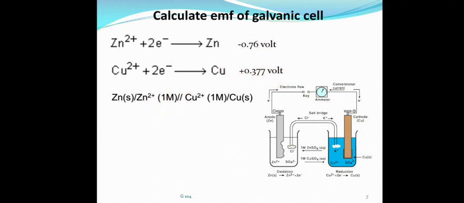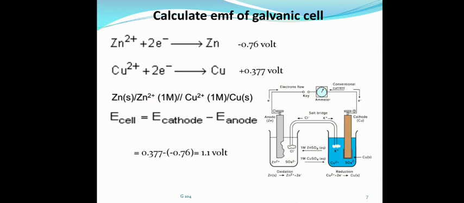Now, how to calculate the EMF? E cell is equal to E cathode minus E anode. Which is cathode? Copper is cathode. Which is anode? Zinc is anode. So E cell is equal to E cathode, the electrode potential of cathode, 0.337, minus the electrode potential of anode, which is minus 0.76.